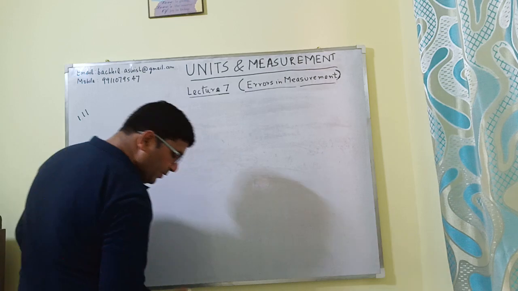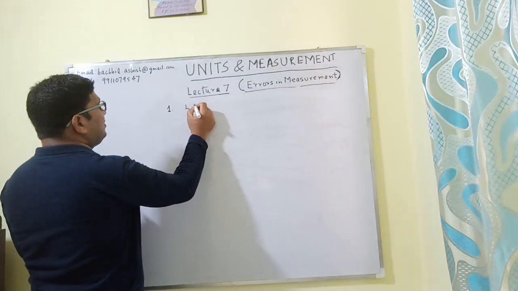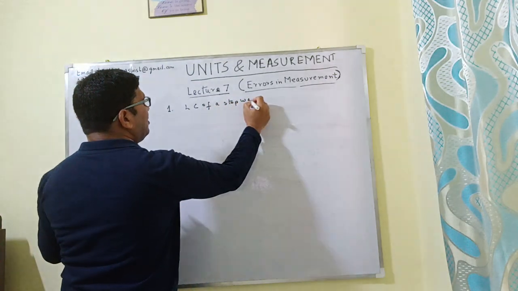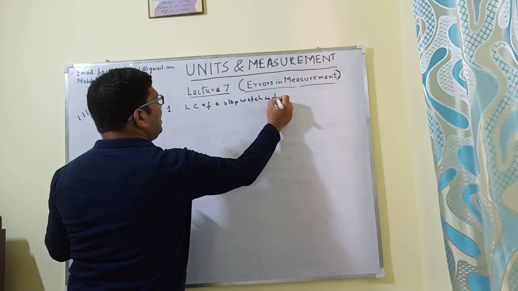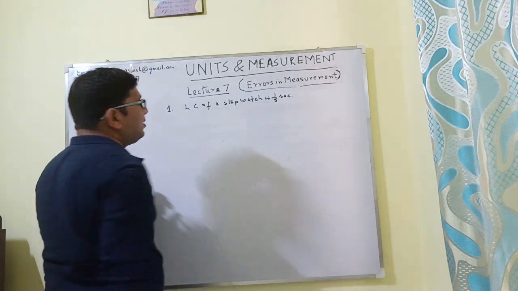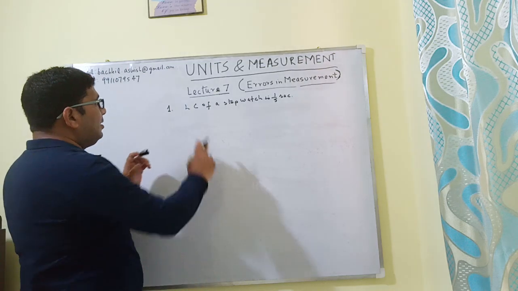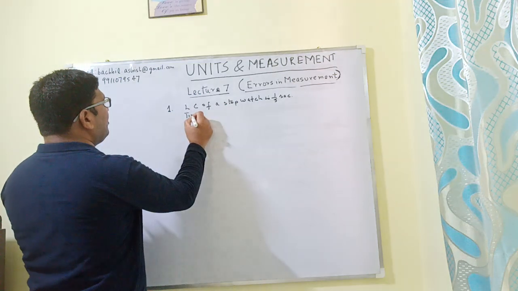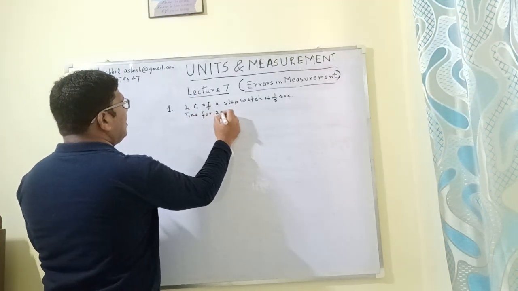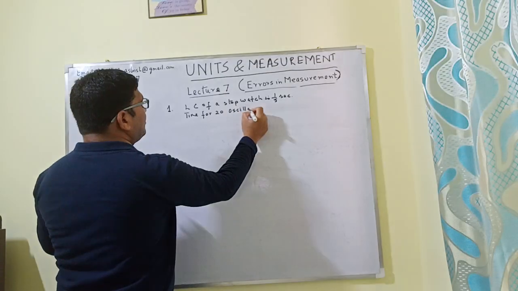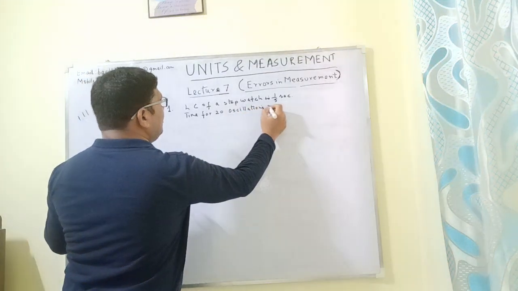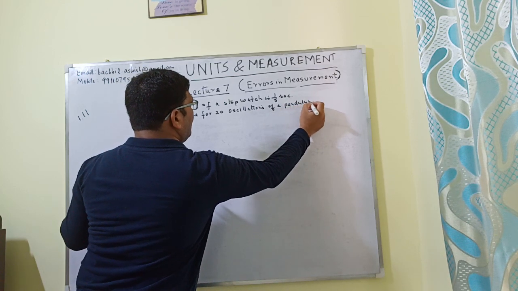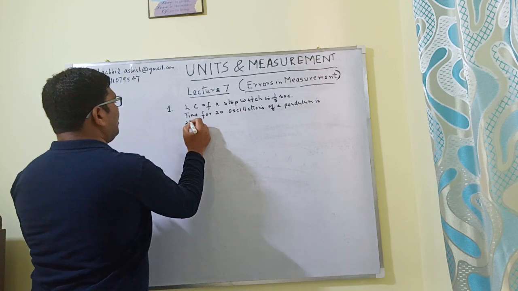It's a very small question. The question says the least count of a stopwatch is 1/5 seconds. The time for 20 oscillations of a pendulum is 25 seconds.